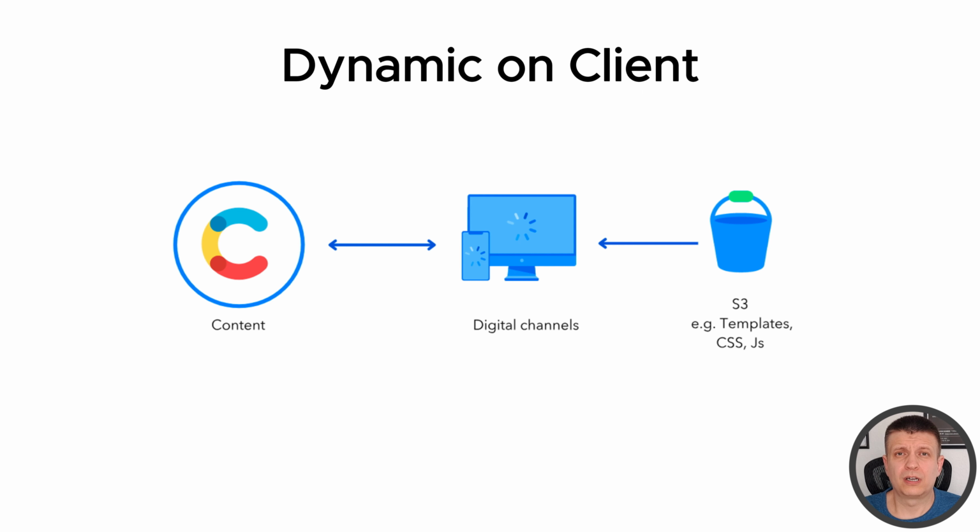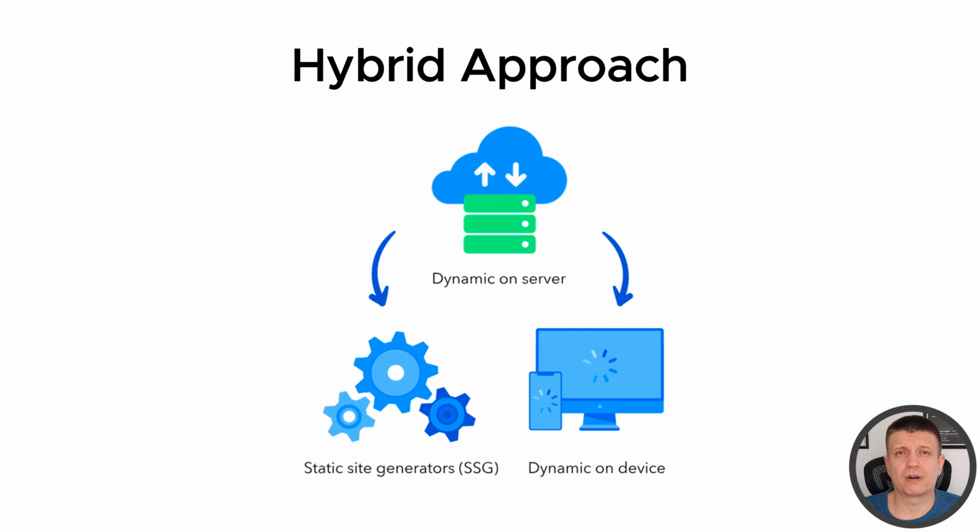In the real world, when you're building an application, you're probably not going to use only one of these delivery methods, right? You're going to be using a hybrid approach. Maybe you're going to have a full stack app and you're going to request some of the pages that you can get created during the build time.